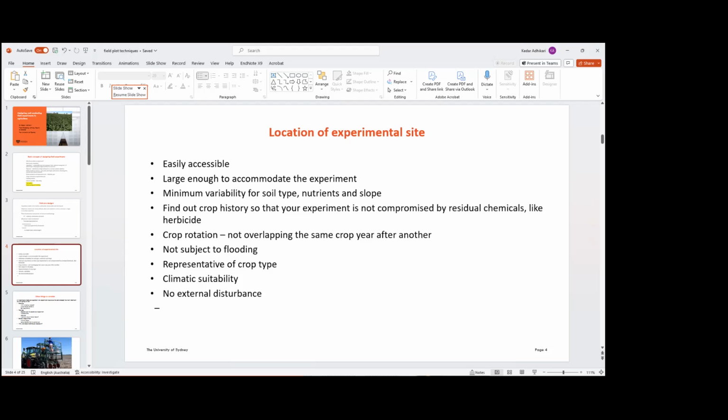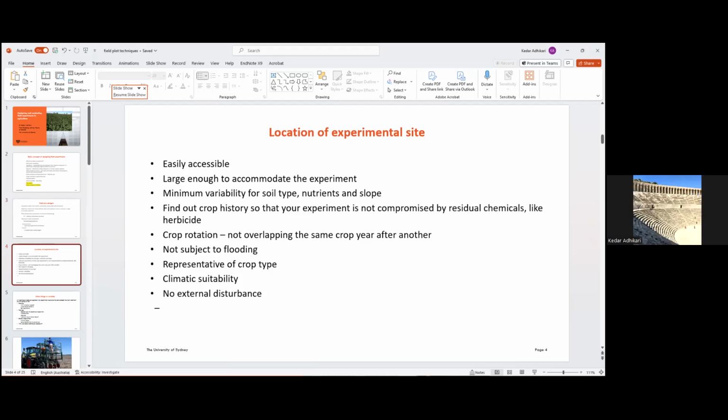So it has to have minimum variation of those things in the field. And you need to know the crop history as well, because you don't want to plant a trial where there was a chemical.